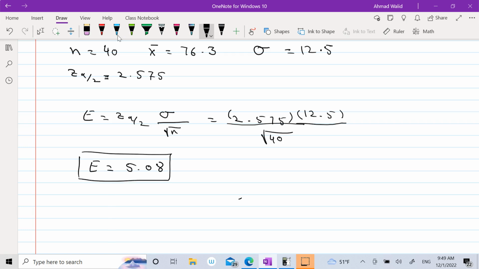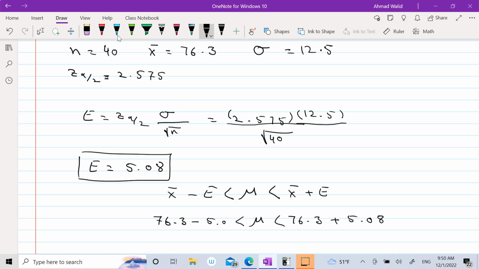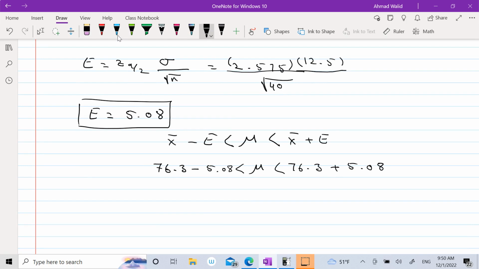Now I have the margin of error. I'll create my confidence interval. Mu less than x bar plus e and greater than x bar minus e. Then my mu will be less than x bar, my x bar is 76.3, plus e, margin of error, 5.08. On this side, 76.3 minus 5.08. Correct? Let's do the calculation, let's use our calculator.